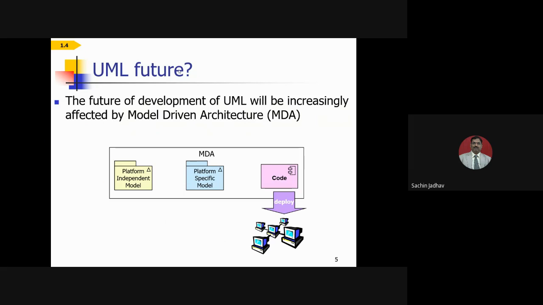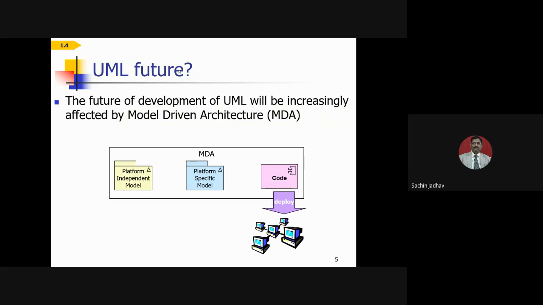It is specified in the SRS itself that the customer wants their implementation to be in the Java language, or to be supported for .NET. On the basis of that, the platform-independent models are transformed into platform-specific models.